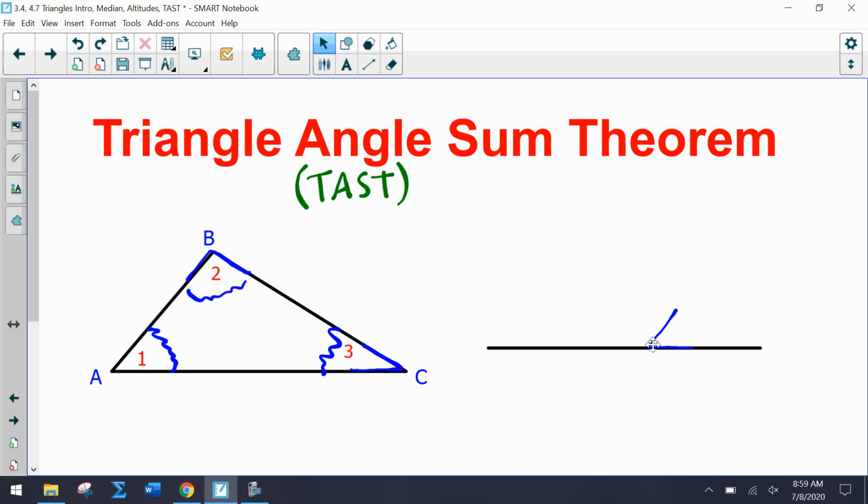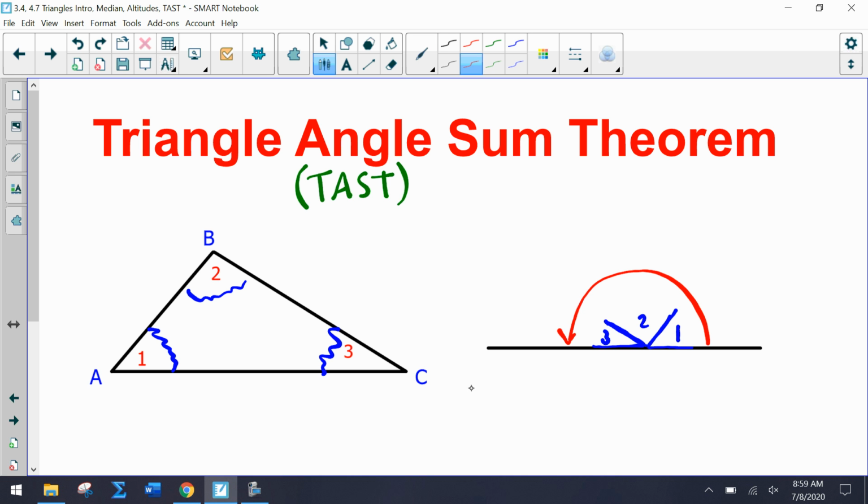So if I have this one angle here, and then this other angle there, let's see how this piece can possibly fit into the middle. So notice how we have angle 1, 2, and 3. And if we add up those angles, they end up becoming a straight angle. Therefore, the measurement of angle 1 plus the measurement of angle 2 plus the measurement of angle 3 equals 180 degrees.